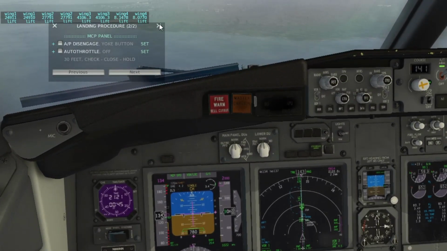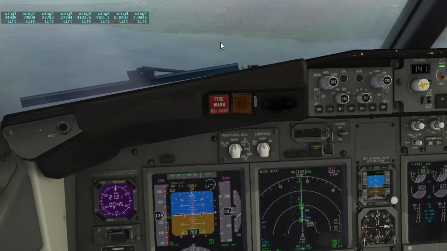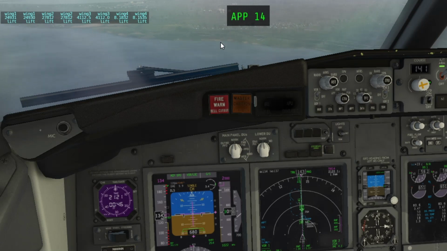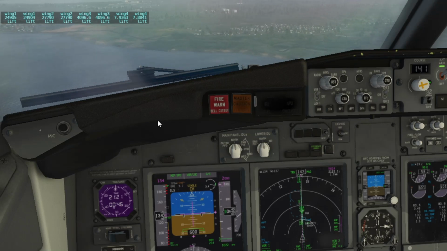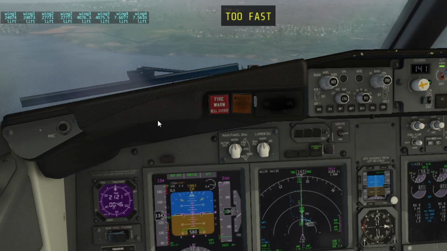A/P disengage, yoke button. The thrust will advance. And of course, I'll announce go around, flaps 15.